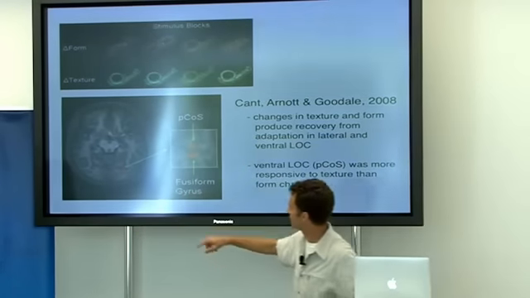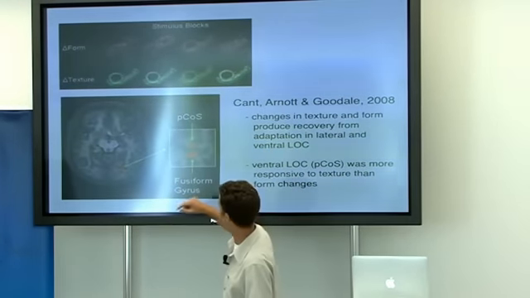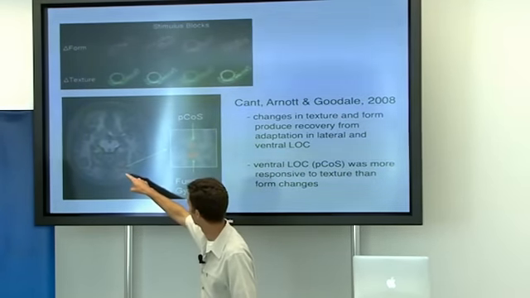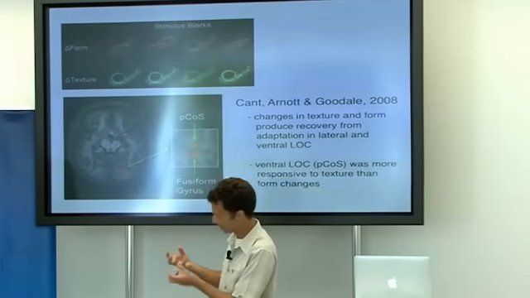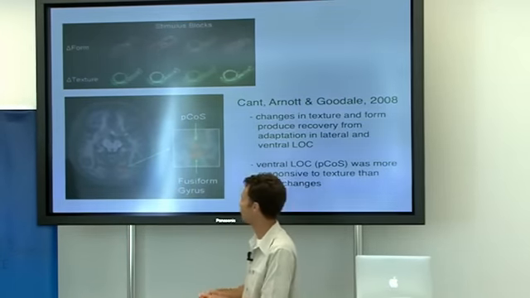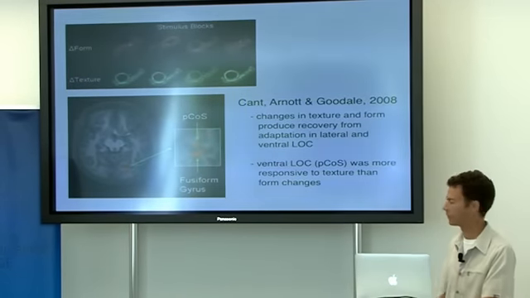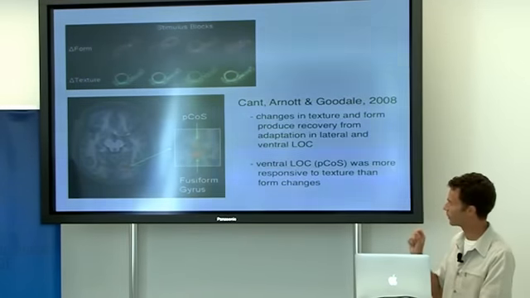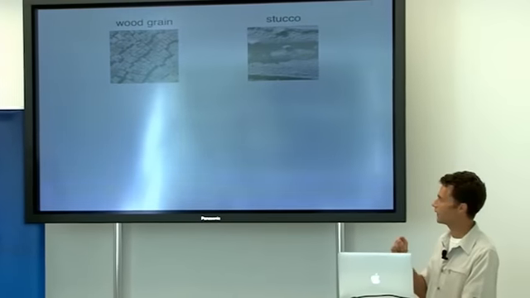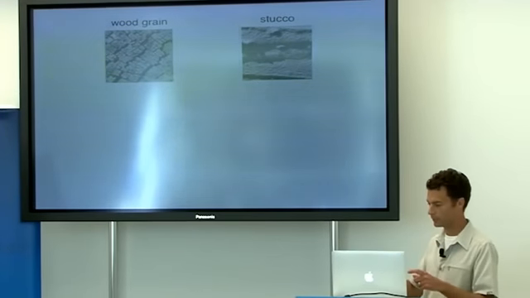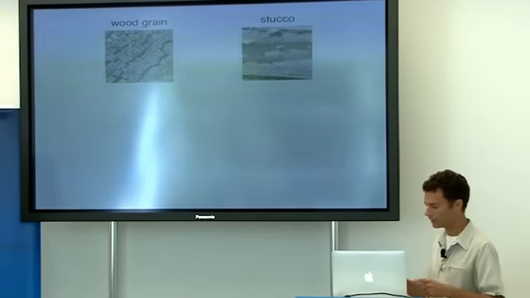And in general, this is a study from Cant and Goodale. They found that there is a region close to area V4 in ventral cortex, which seems to represent texture properties. But we wanted to look at something a little bit more subtle, and that is, is it the case that you have a representation of texture that is independent of the scale of the texture?